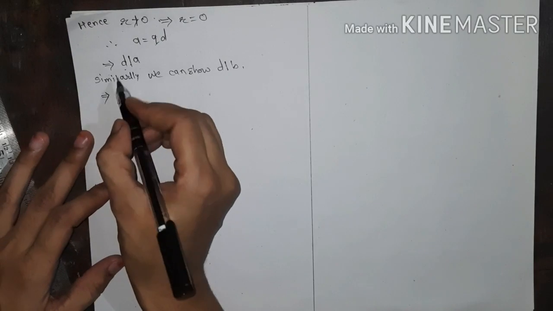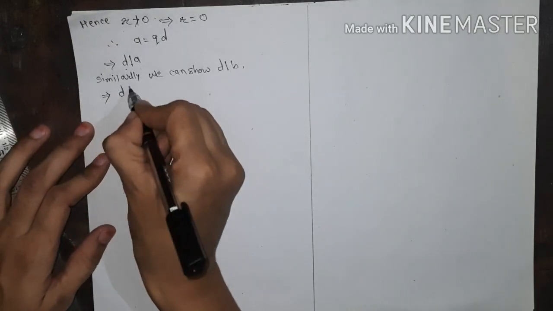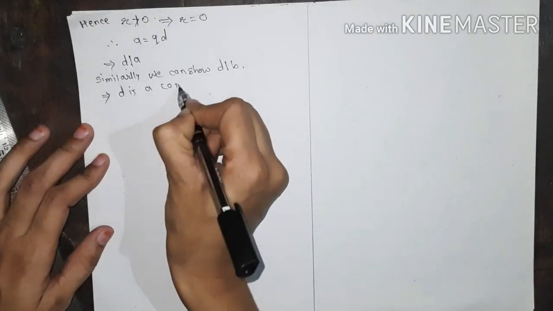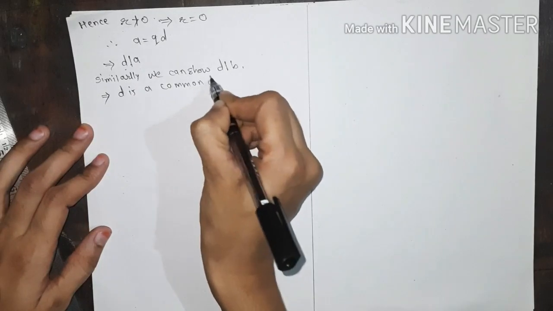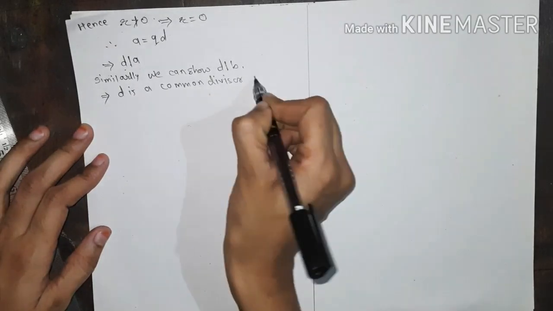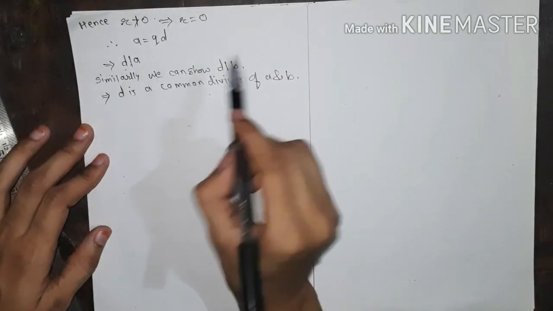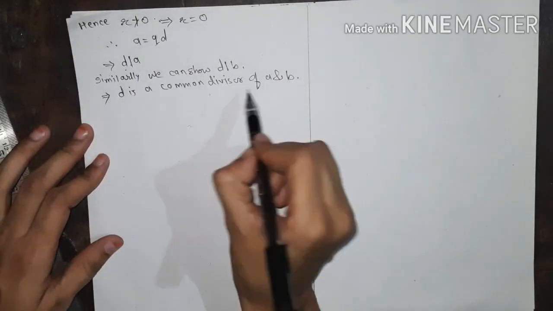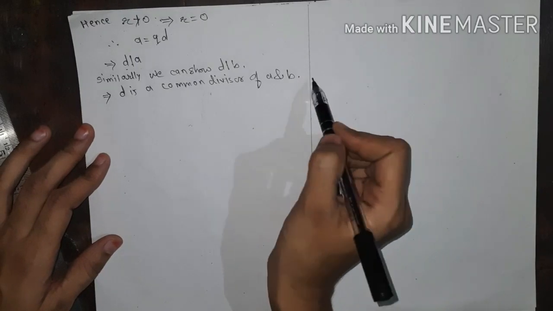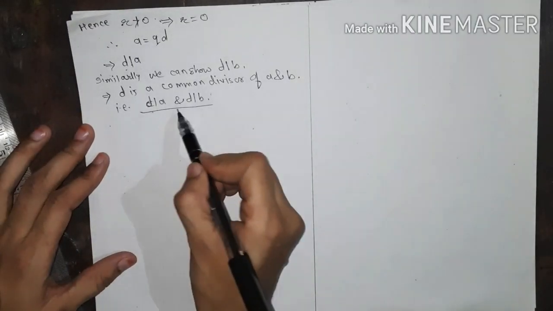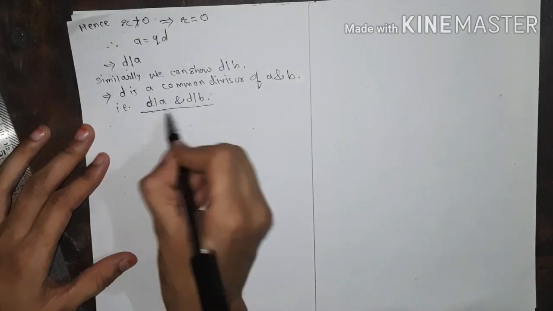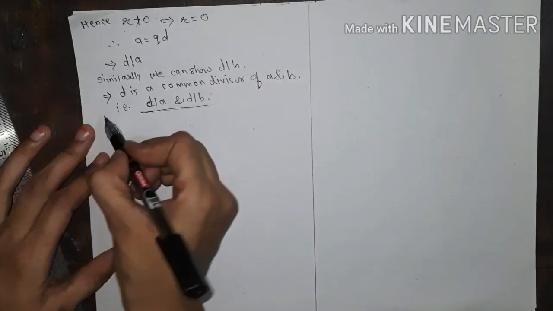Implies d is a common divisor of a and b. That is, d divides a and d divides b. This is the first condition that we are proving here.